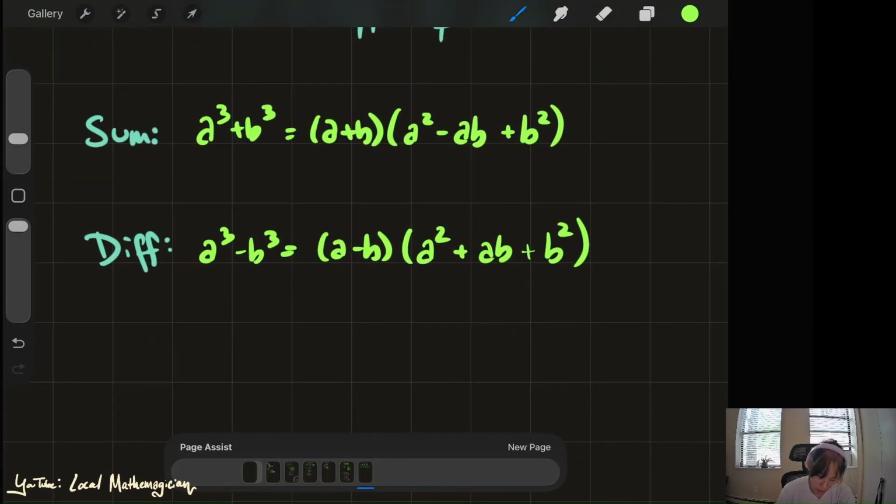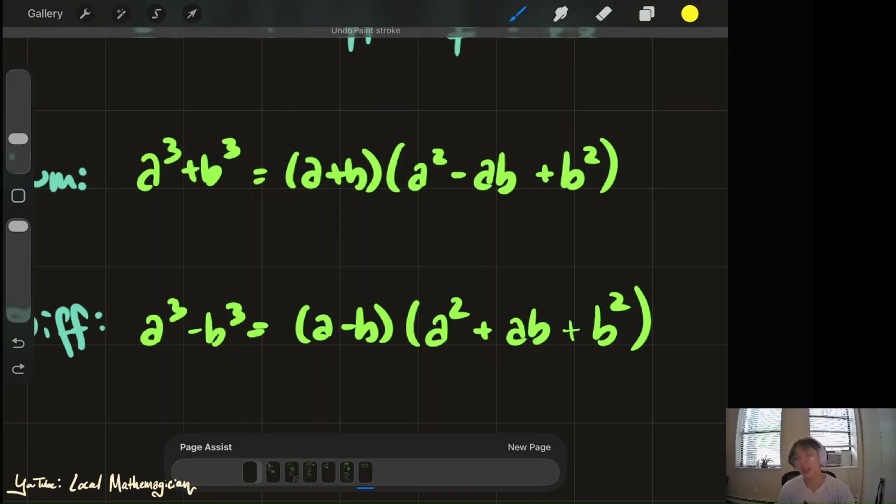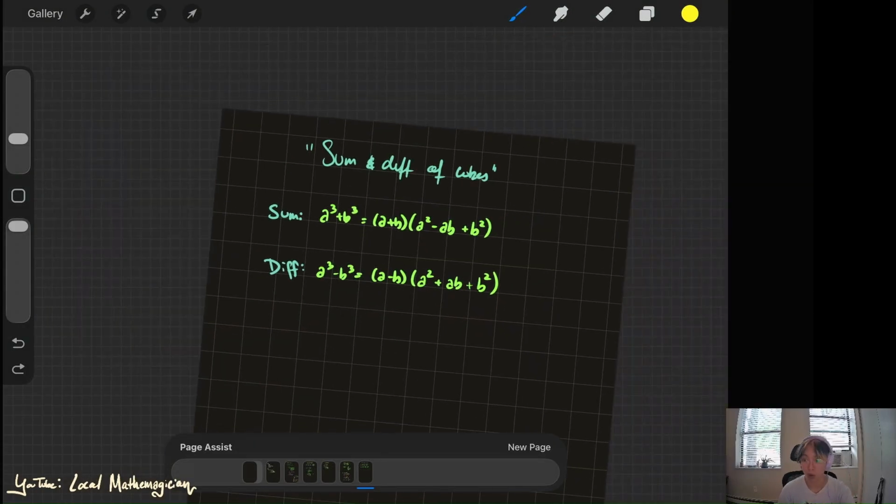So, a quick way to memorize, I suppose, is plus, plus, minus. This is going to be minus, minus, plus. The monomial matches the sign. The trinomial does not. Okay?